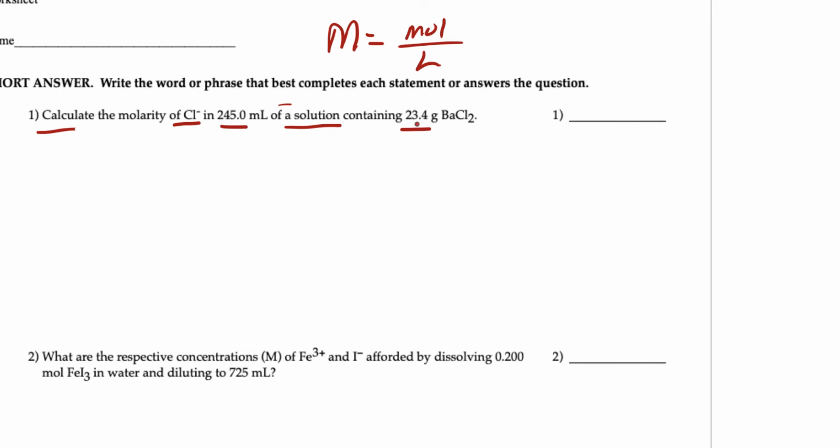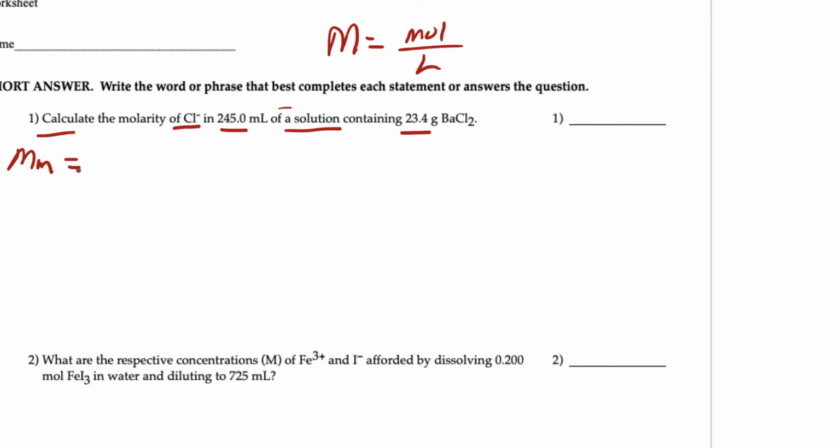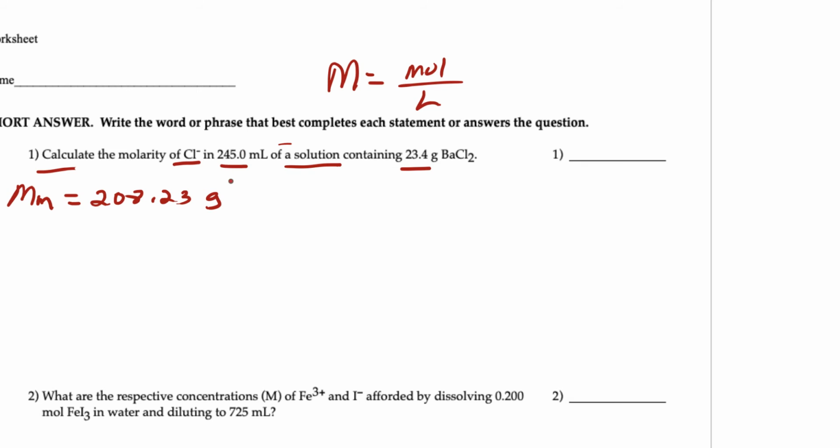So I need to convert the grams of barium chloride to moles of barium chloride, and the molar mass of barium chloride is 208.23 grams per mole.